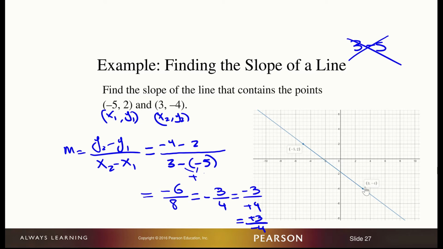Can you start on this line and then instead go up 3 units and then left 4 units and end up with a point on this line? Absolutely, you can. So you can go 1, 2, 3, and then 1, 2, 3, 4. There, you end up with another point on this line. So basically, this is the constant rate at which this line is decreasing, right?